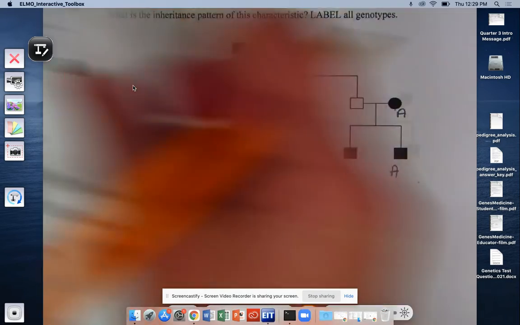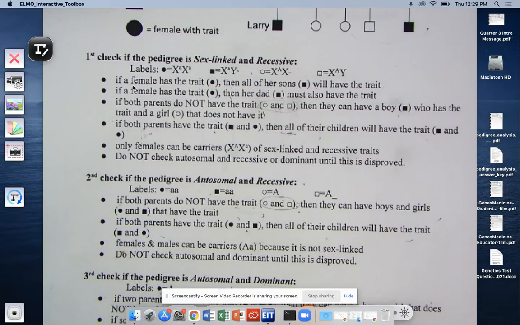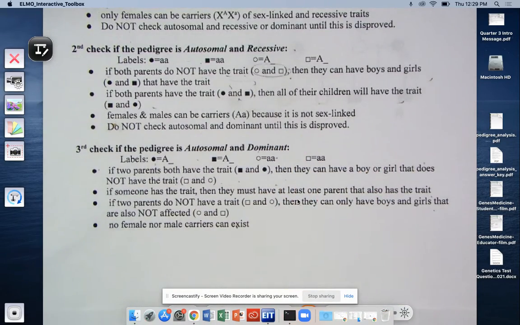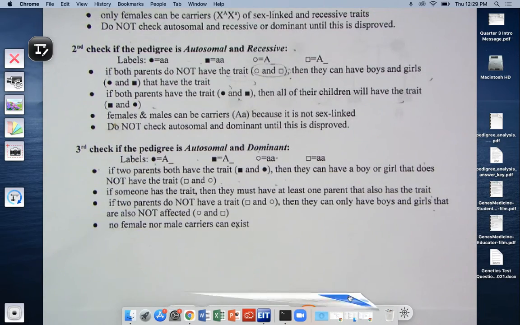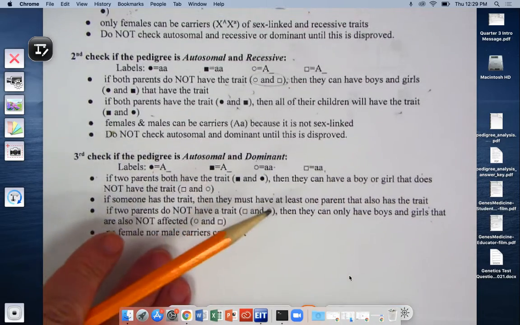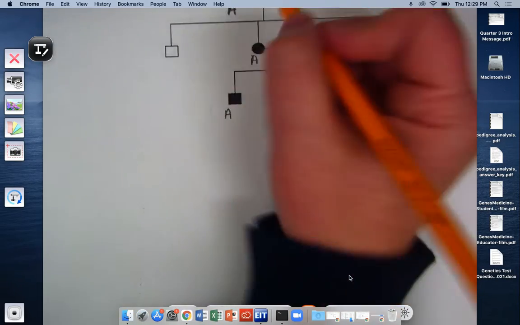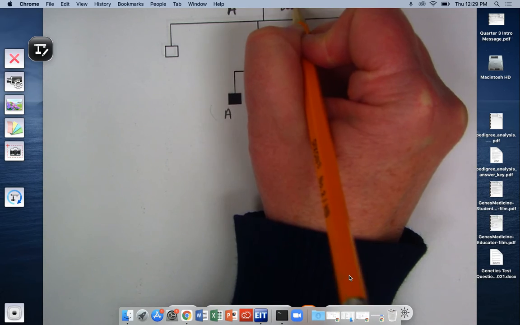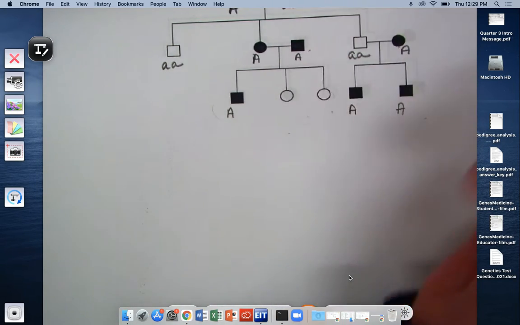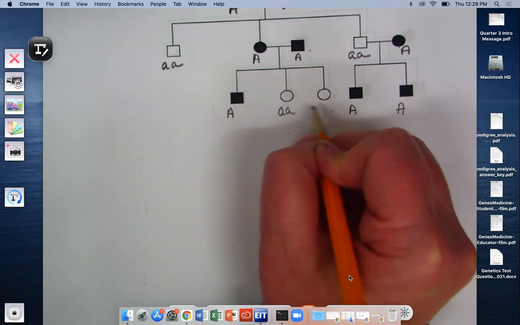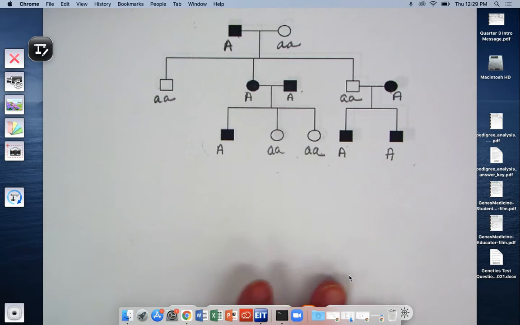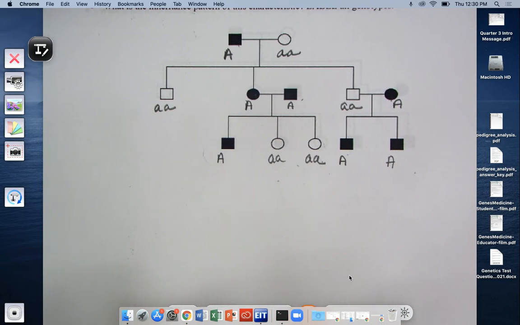Now, if I look back on this, if they do not have anything filled in, it's lowercase a. So that would be little a. So this is how I fill out all of them.